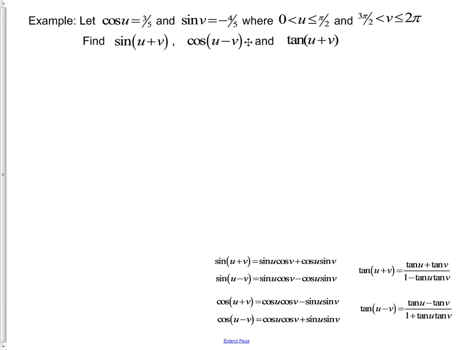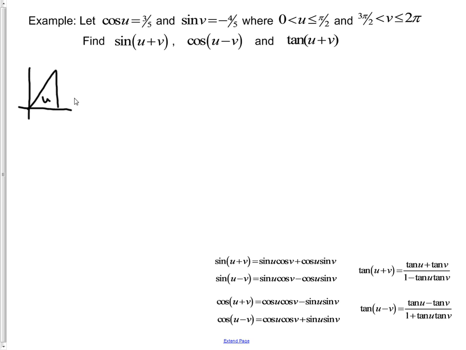Well, this is a case where we need to do a little bit of leg work first. So let's draw some pictures. I like the pictures, and sometimes the visualization helps. We've got angle u located in the first quadrant, so I'm going to draw a standard position right triangle in quadrant 1 to represent my angle u. What do I know about angle u?